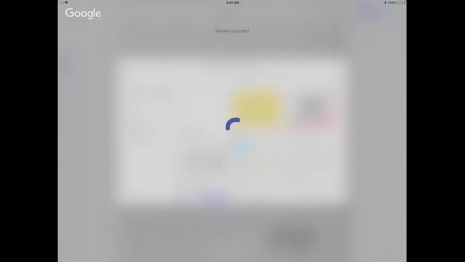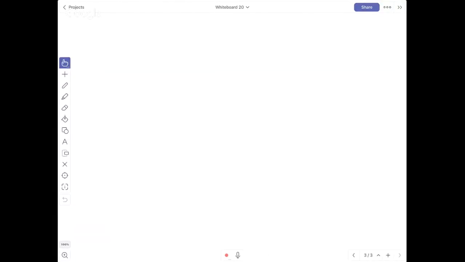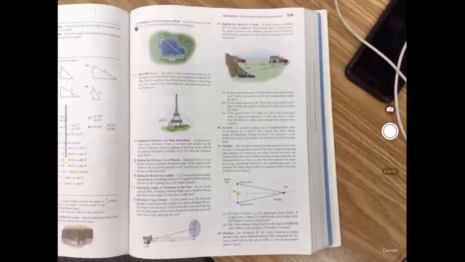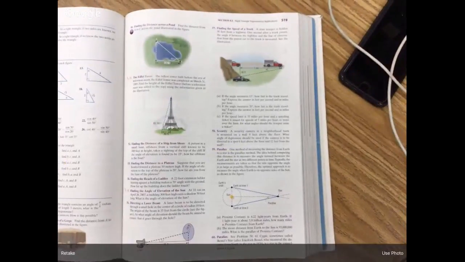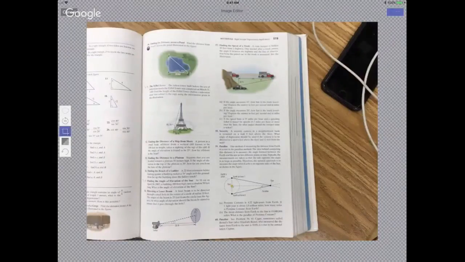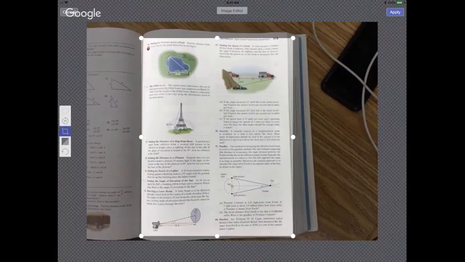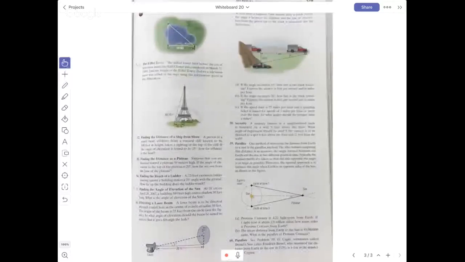And then grab some of the word problems. And we'll let that be it for now.